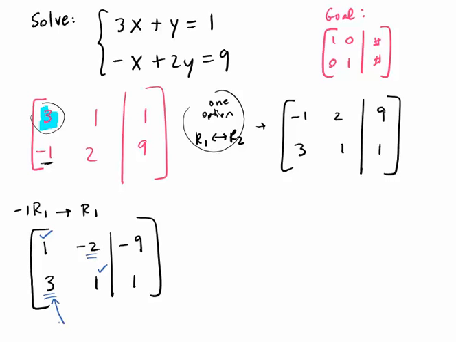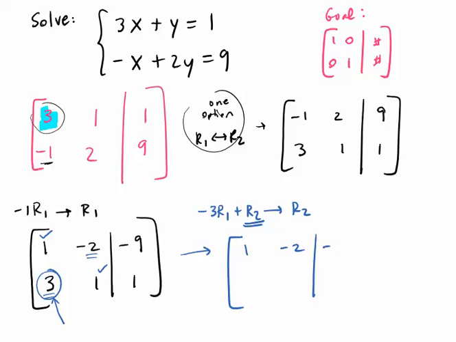You don't have to, but that's kind of the easiest route if you follow the advice. Okay, how can I get a 0 here? Well, one option, out of many, is to multiply the first row by -3 and add it to that. So -3 times row 1 being added to row 2 is going to replace row 2. Remember, the one you add to is where it gets replaced. So I'm not replacing anything in the first, but I'm replacing row 2. So I multiply the first row by -3.